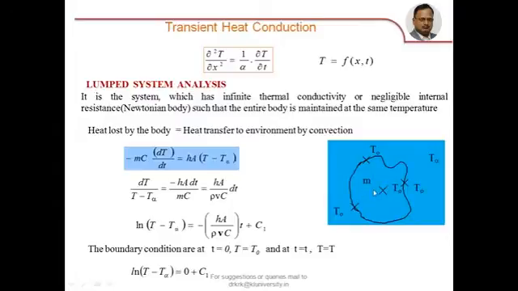A body having infinite thermal conductivity or negligible internal resistance, or the body which maintains the same temperature throughout the body, is known as a lump system. By taking this assumption, indirectly you are making this temperature only a function of time.